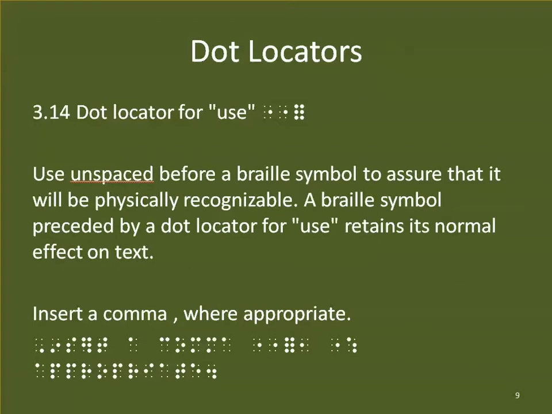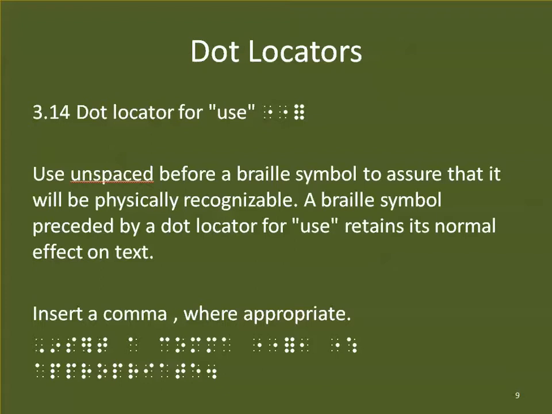The other kind of dot locator is called the dot locator for use. And we use that also unspaced before a Braille symbol to assure that it will be physically recognizable, meaning, again, to orient the fingers to where in space that dot is, or that symbol is. A Braille symbol preceded by a dot locator for use does retain its normal effect on text.